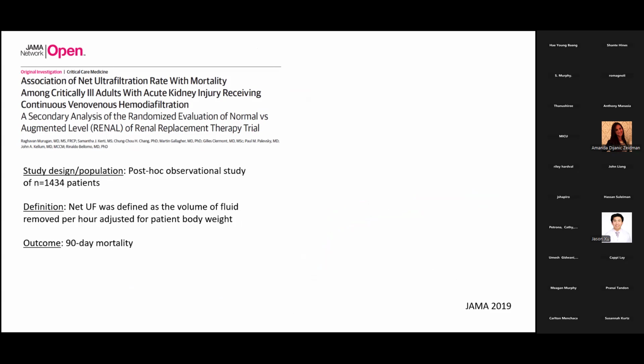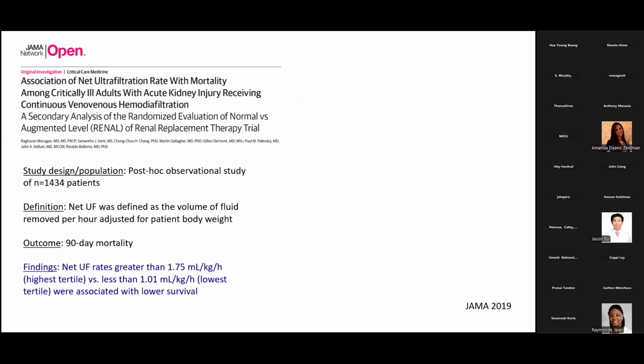So this data, of course, collected net ultrafiltration rate data, which was used for this post-hoc analysis, including 1,400 patients. So here, the net ultrafiltration rate was adjusted per hour and by the weight of the patient. So the numbers will look different, but it's because it was adjusted by hour. And the outcome was 90-day mortality.